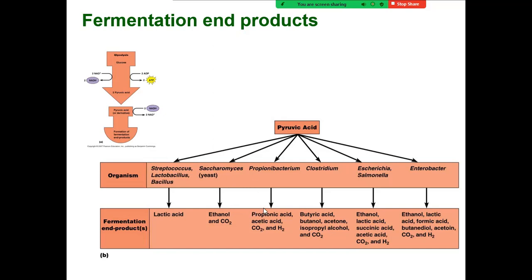My point is, when that CO2 is given off, that creates the holes in Swiss cheese. Swiss cheese is not made by lactic acid fermentation. It's made by propionic acid fermentation. Any question about any of that?